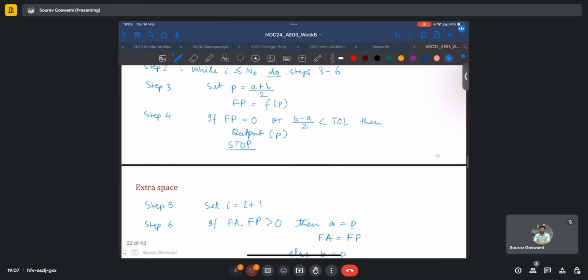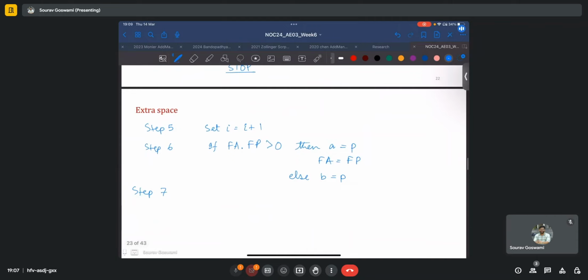And if it is not solved and we do not get a root output, it means that our method has failed. So we should have an output.